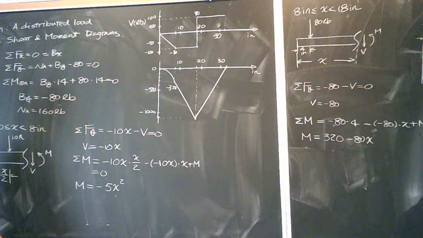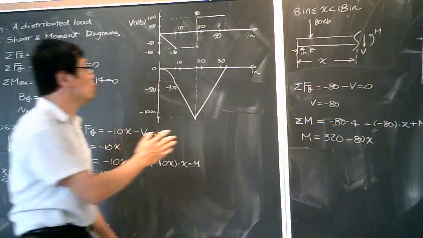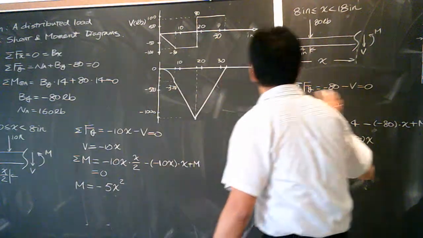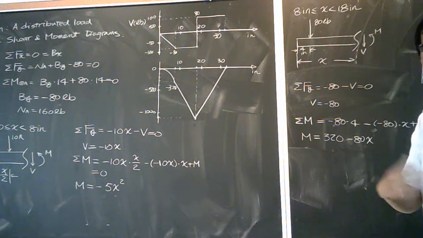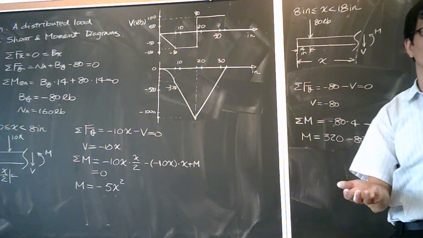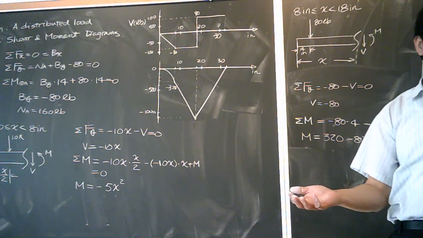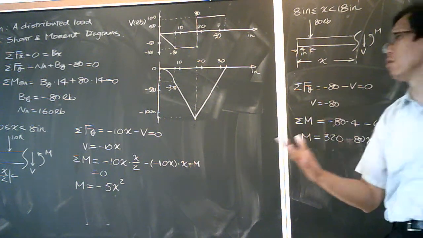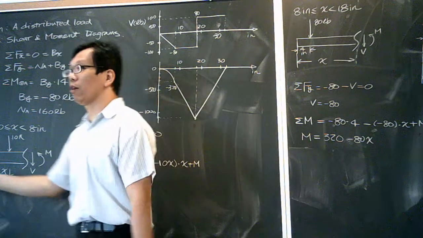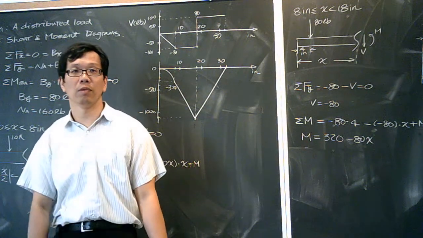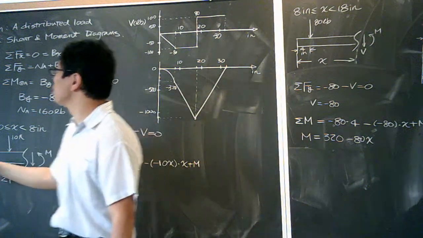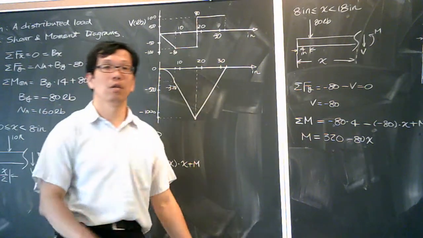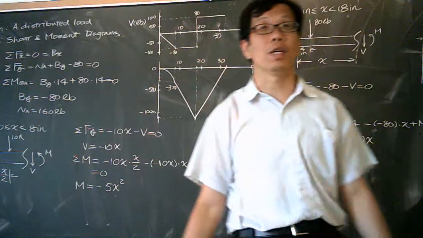So depending on how many sections you divide your beam into, you will need to draw a free body diagram for each one. So if you divide everything into 4 sections, the free body diagrams you need to deal with are actually 5, because you also need to include the free body diagram for the whole system to get the external forces and all the supports. So those are the things you need to be careful about.